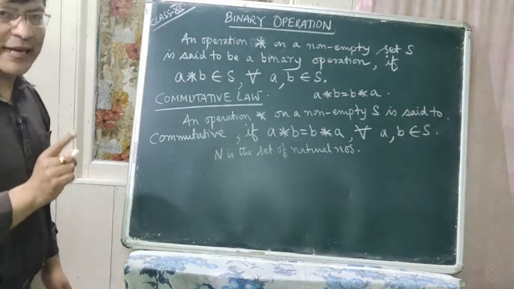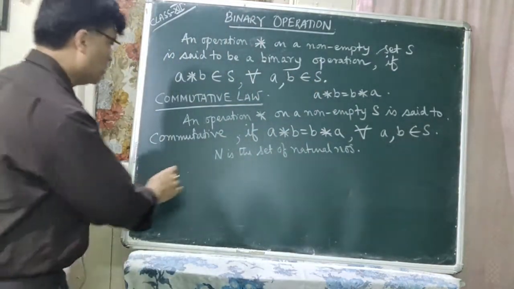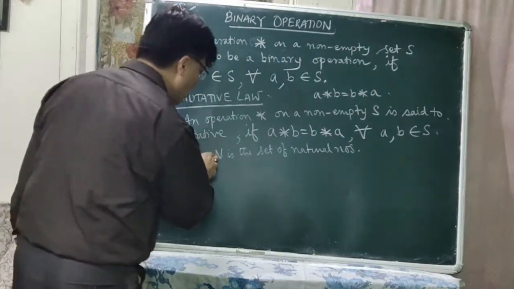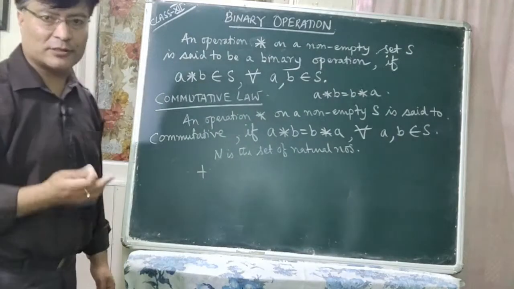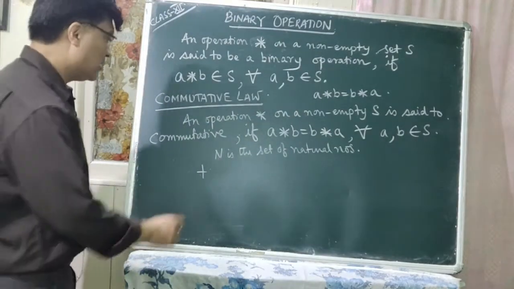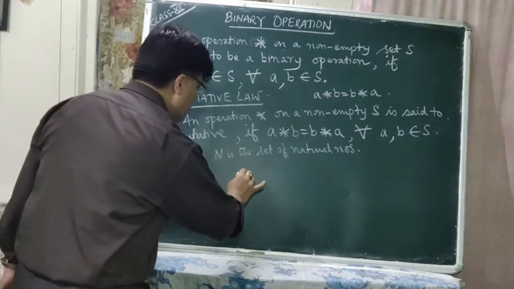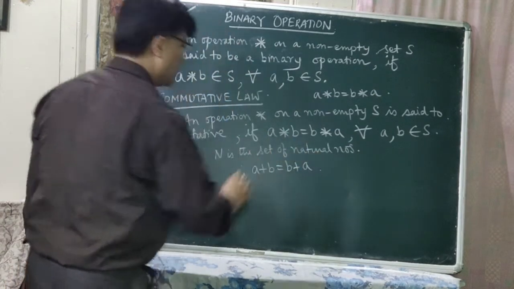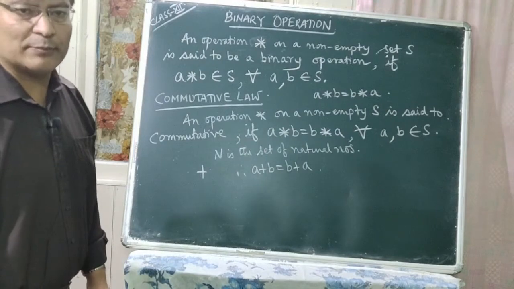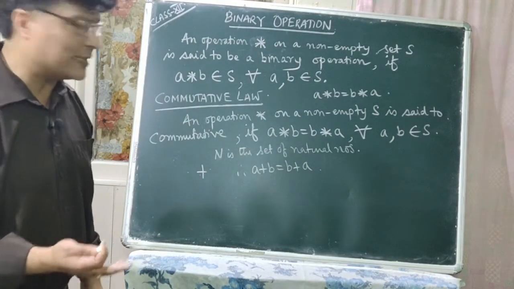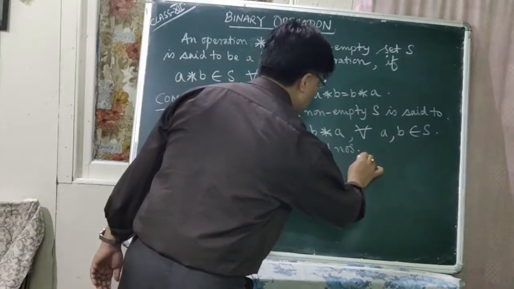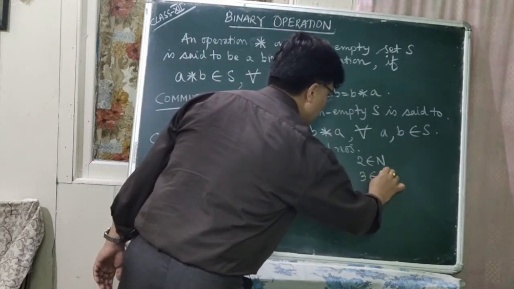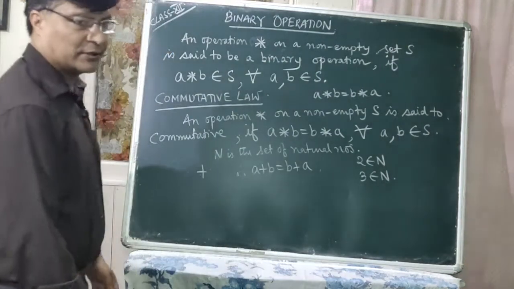You know that this plus sign is a binary operation on the set of natural numbers. Right? So can you say that A plus B is equal to B plus A? Yes, you can say that, because 2 belongs to the set of natural numbers and 3 also belongs to the set of natural numbers.